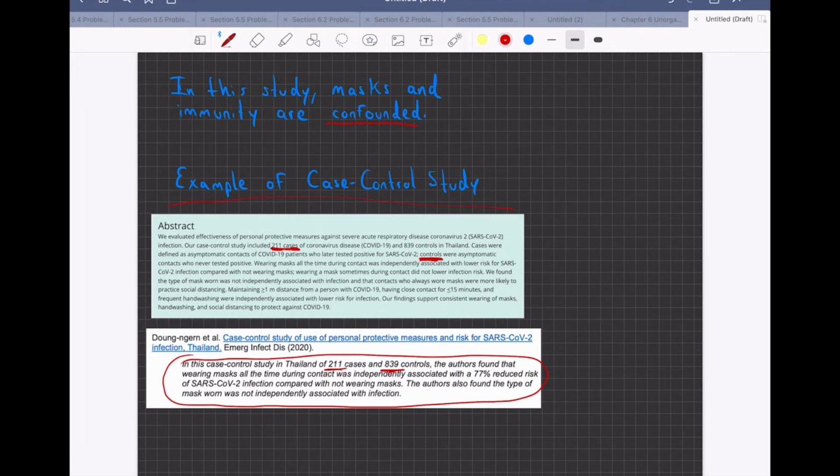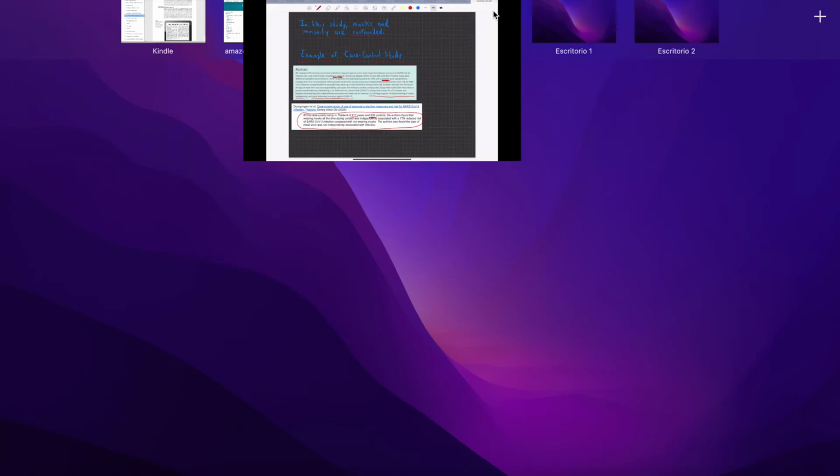And here's an important conclusion: our findings support consistent wearing of masks, hand washing, and social distancing to protect against COVID-19. So this study gives evidence in favor that masks work to reduce the spread of COVID. But let's not forget that this was an observational study. But of course, it's good evidence. All right.